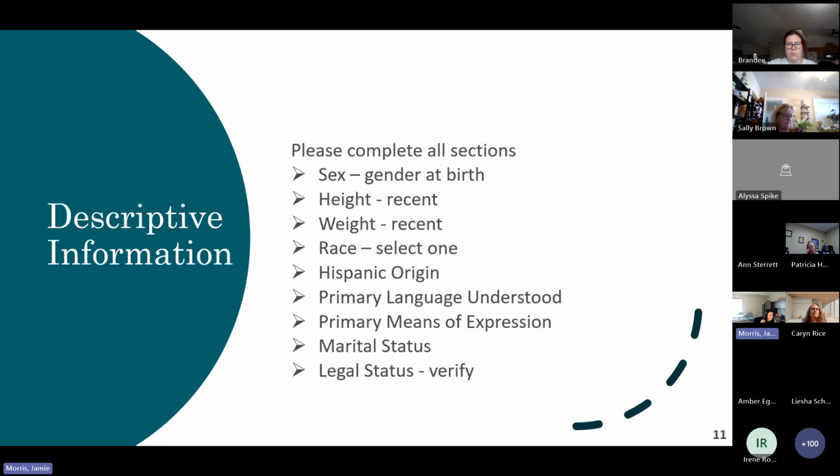Number 6 in this section is the primary language understood. You will choose one of those. The options are either English, Spanish, or other.